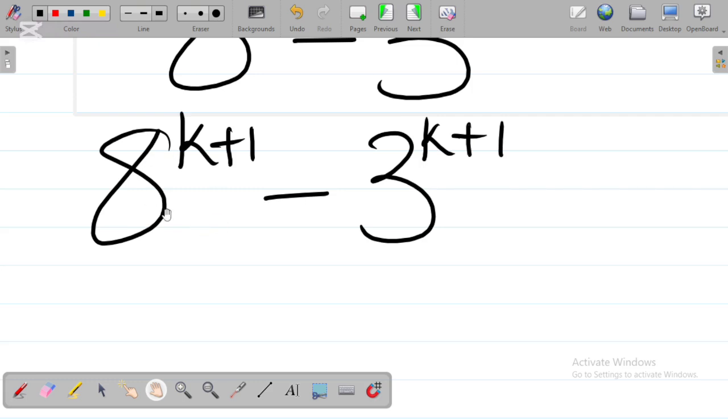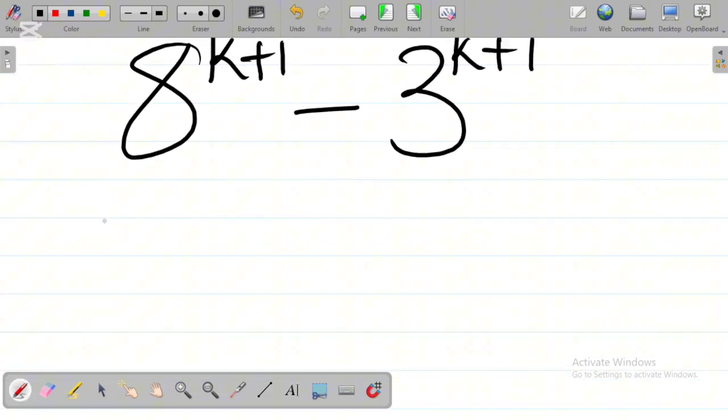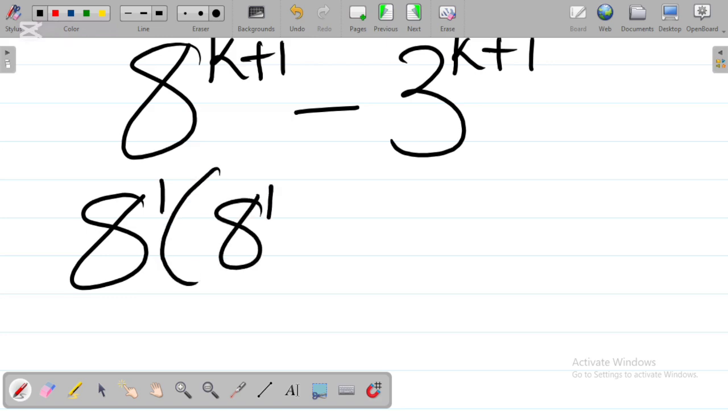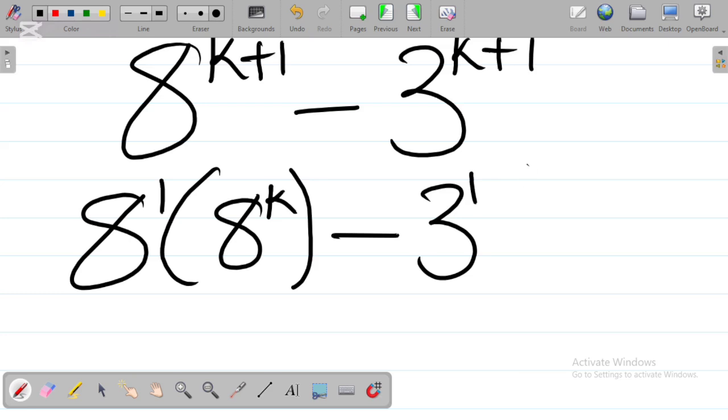So if you apply the law of indices here, you will have 8 raised to the power 1 multiplied by 8 raised to the power k, and then minus 3 raised to the power 1 multiplied by 3 raised to the power k.